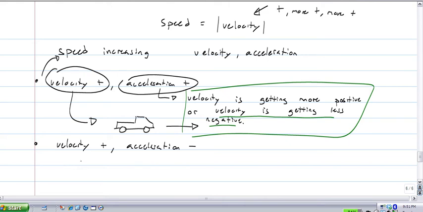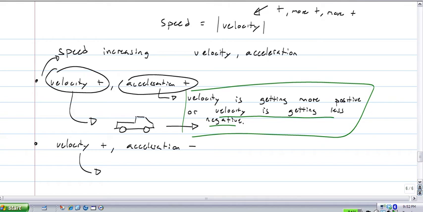Well, if velocity is positive and acceleration is negative, what's happening to velocity? Well, that would mean negative acceleration. So my car's moving forward, but I'm getting pushed, I'm leaning forward. Okay, my velocity is going down.